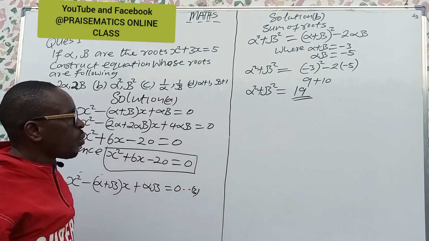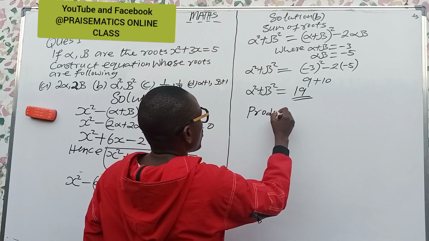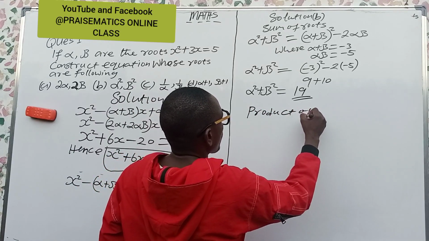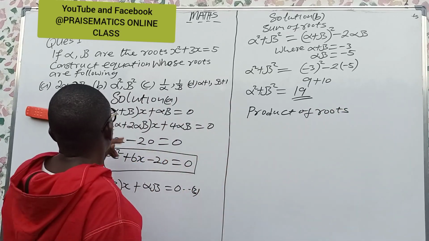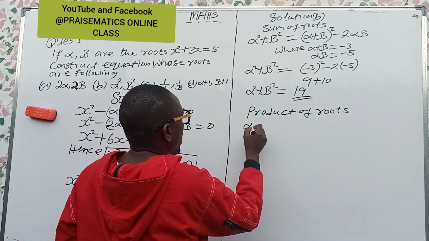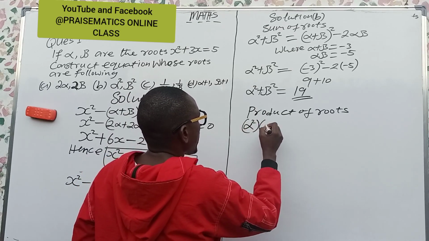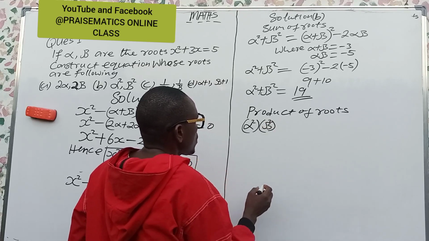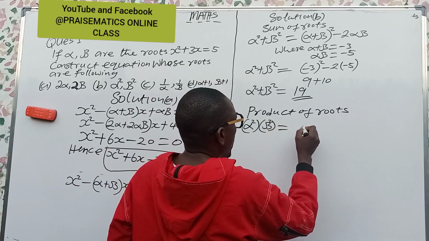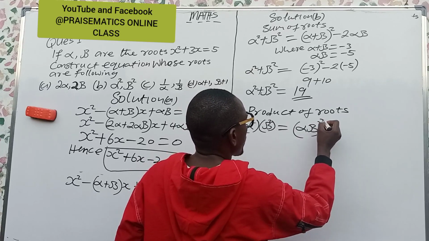Okay, now let's look at the product of the given roots. From this place we have alpha square multiplied by beta square. It will be like alpha beta all square.